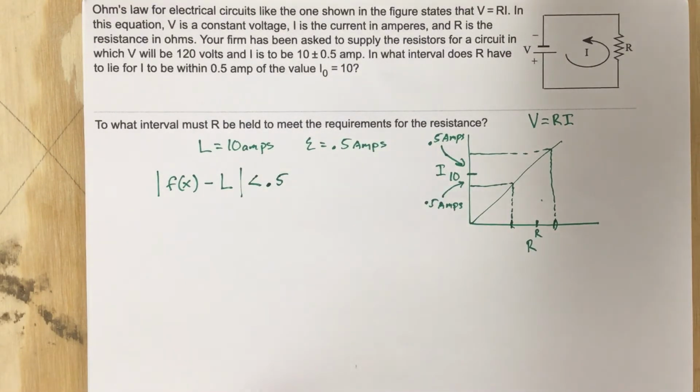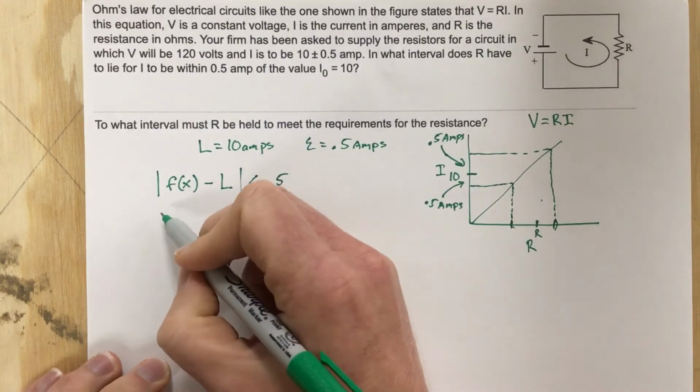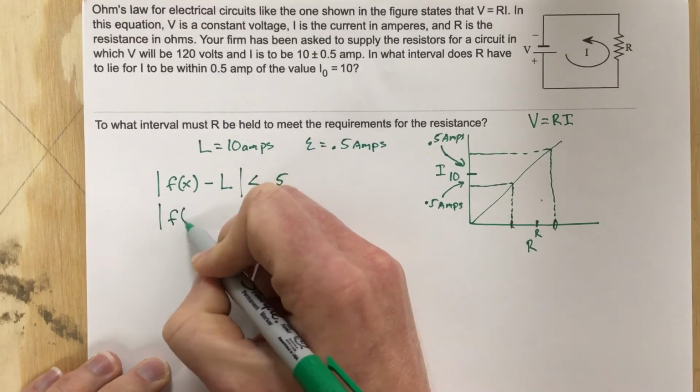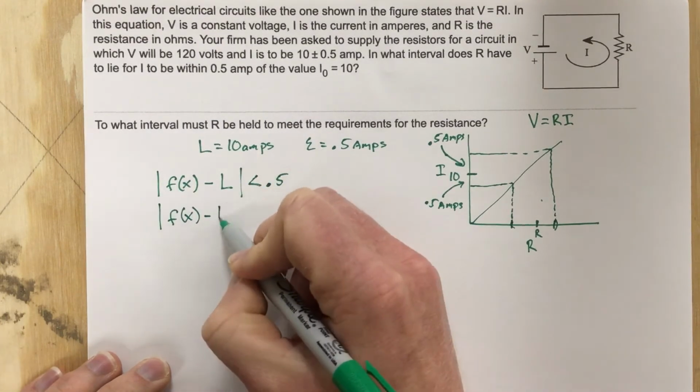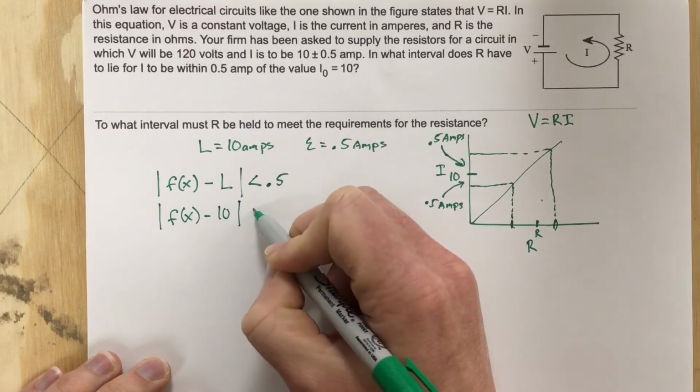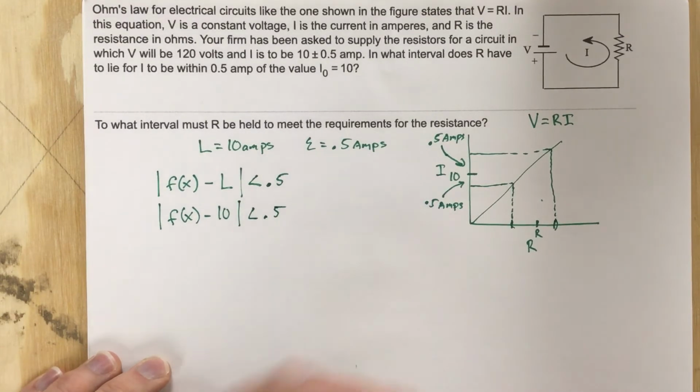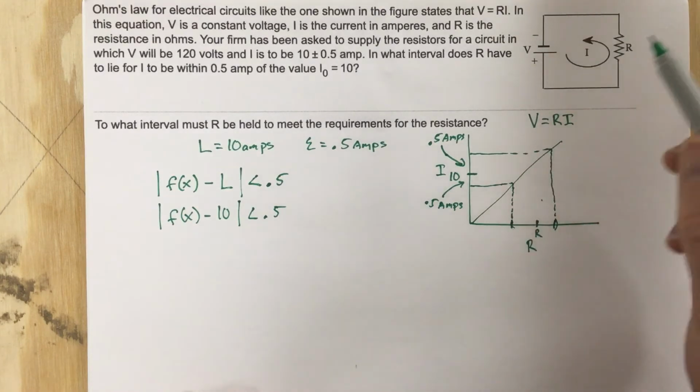So we plug in and say the absolute value of f of x minus 10 has to be less than 0.5 amps. We need to figure out what the function value is going to be.